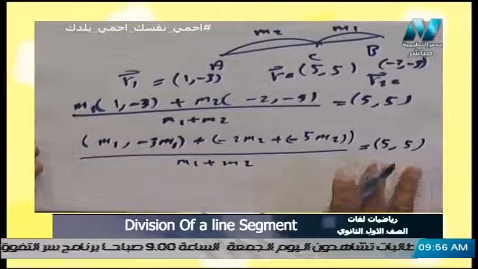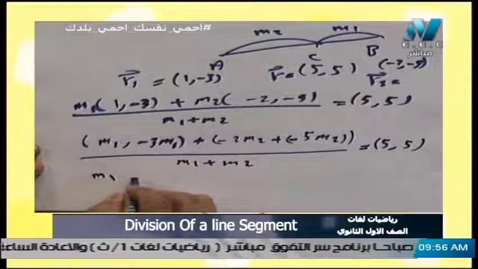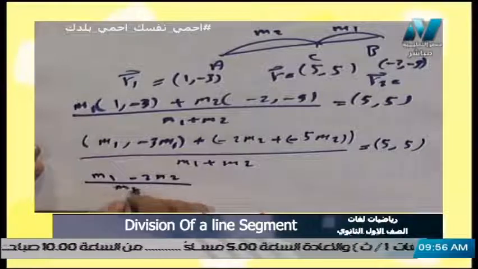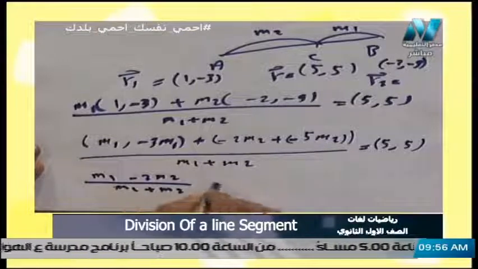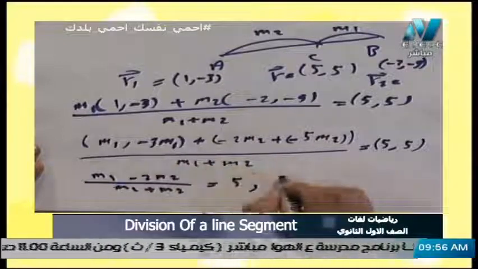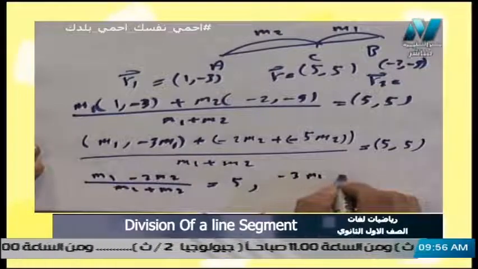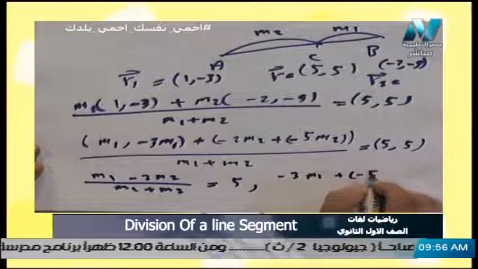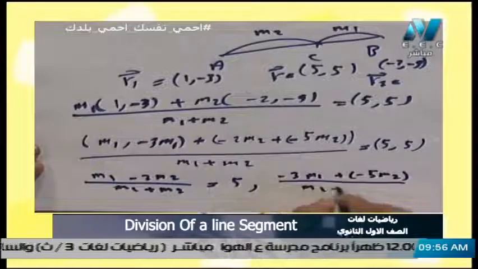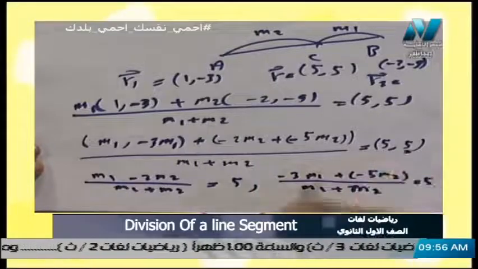So M1 minus 2 M2 over M1 plus M2 equals 5, and also negative 3 M1 plus negative 9 M2 over M1 plus M2 equals 5, which is this one.